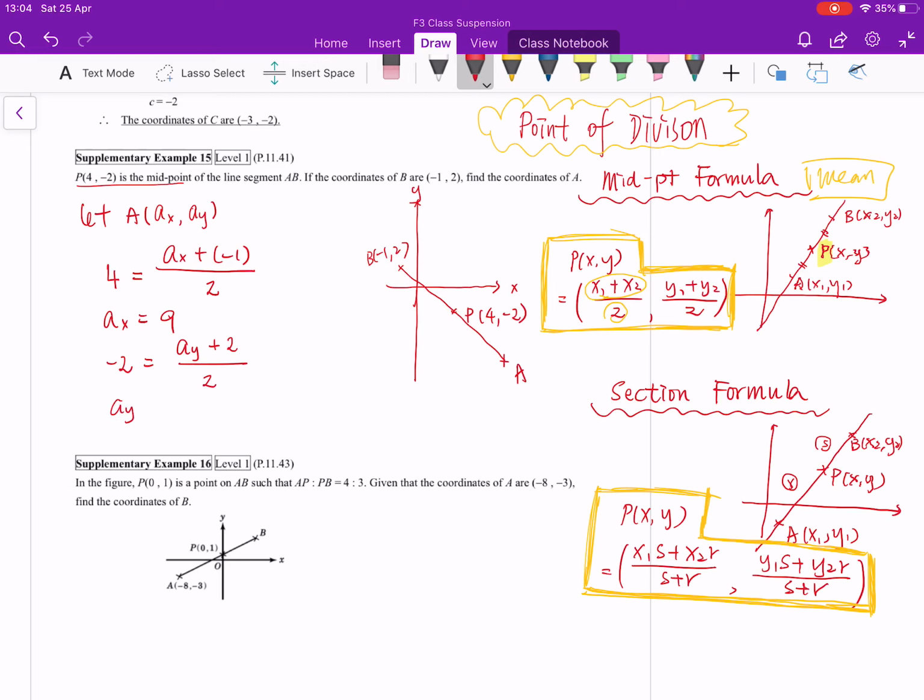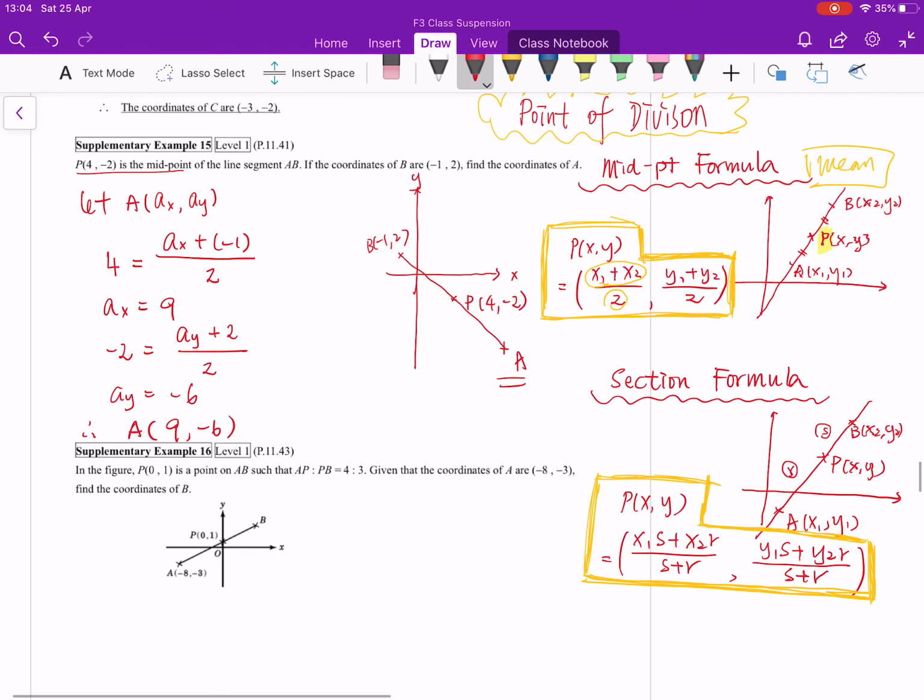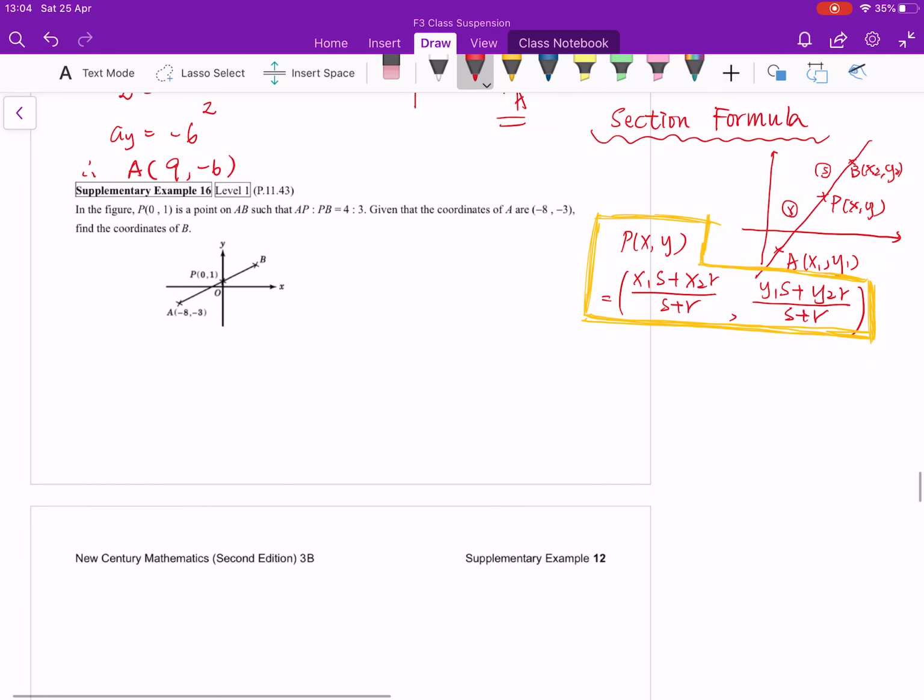So AY equals -6. Therefore, the full coordinates of A should be (9, -6). This matches with the relative position of A drawn here, so it is correct.